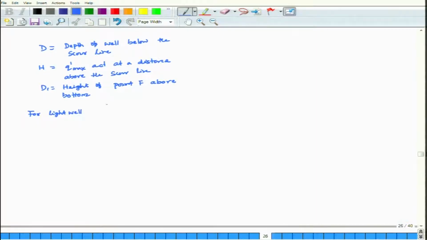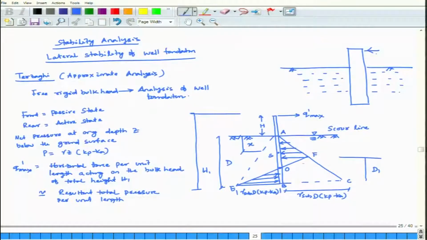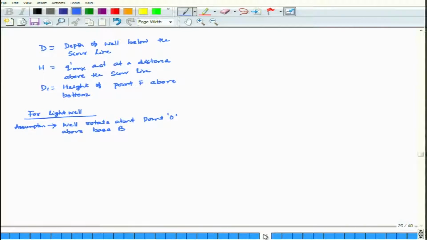For a light well, it is assumed that it will rotate about the point O above base B. For the light well, look at the figure, it will rotate about point O above base B. The pressure distribution on both sides of the bulkhead at the instant of failure is shown in the figure. So, I can write it out.